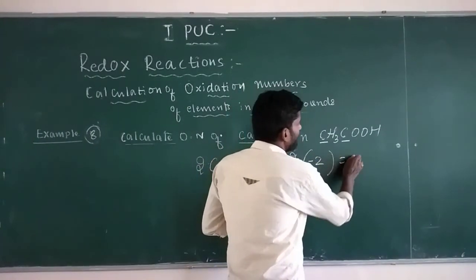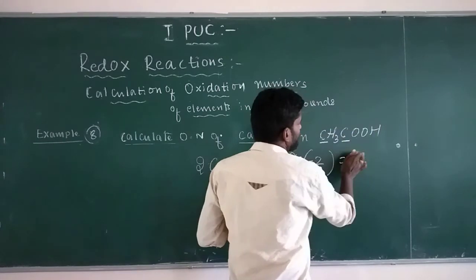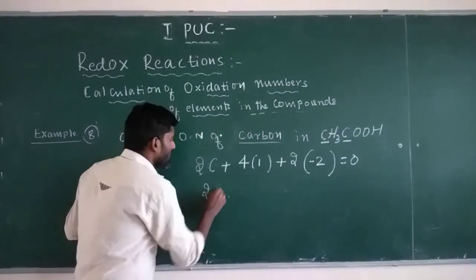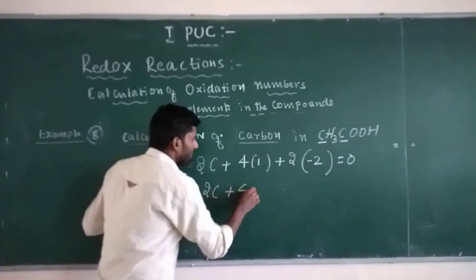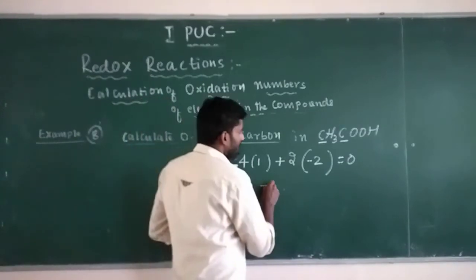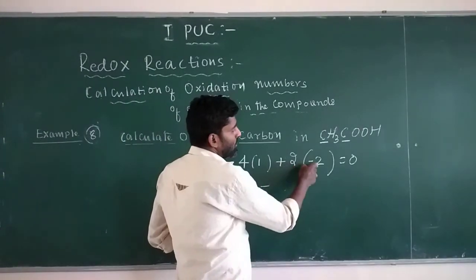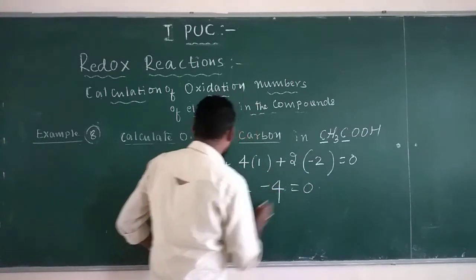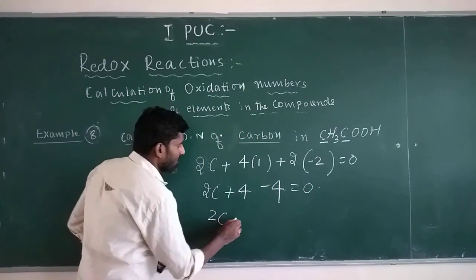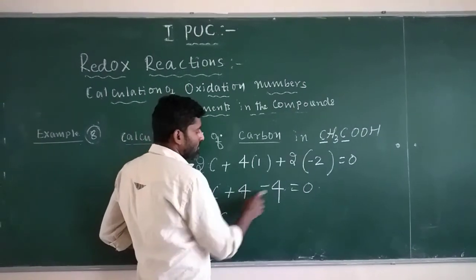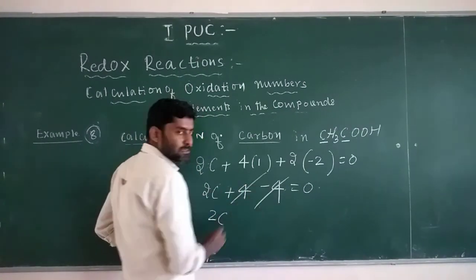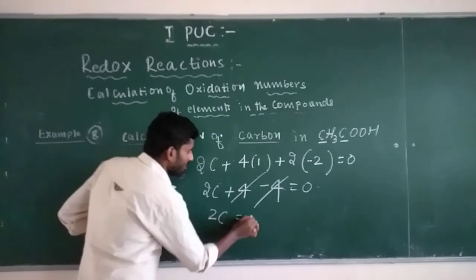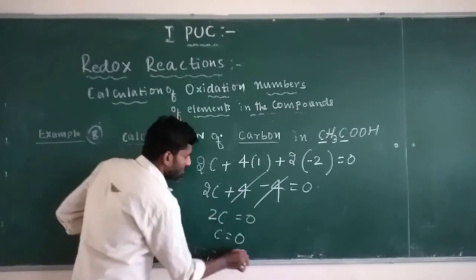That will be equal to 0, no charge on the compound. So 2C plus 4 into 1 means 4, plus 2 into minus 2 means minus 4, equal to 0. So 2C plus 4 minus 4 cancel. So 2C is equal to 0, or C is equal to 0.